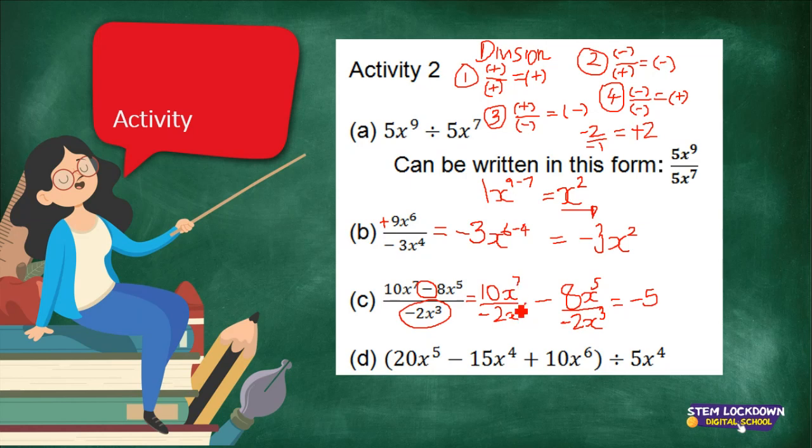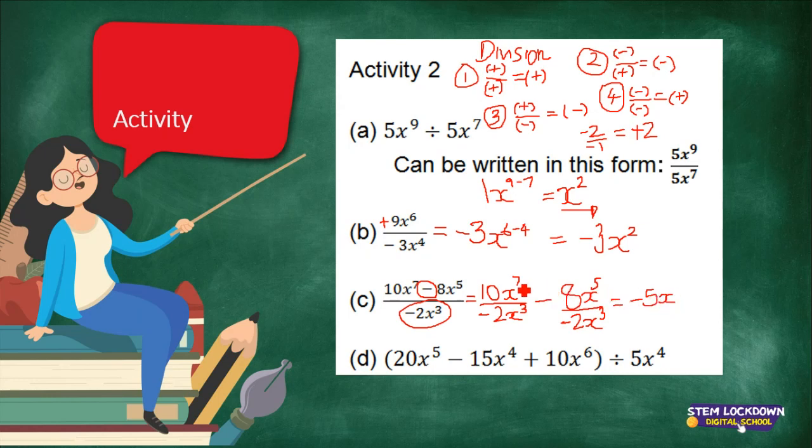Now we're looking at the x, which is your variable, right? We are dividing x to the power 7 by x to the power 3. Now, when you're dividing, what do you do to your powers? Remember, for this rule to be applicable, the bases must be the same. In this case, the base is x and x, so it will be x.